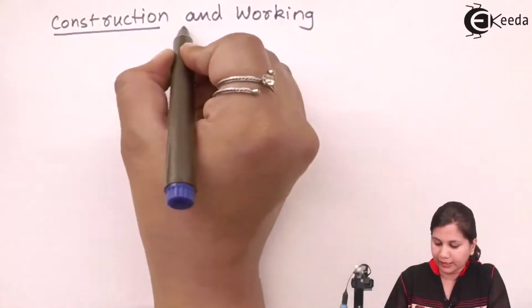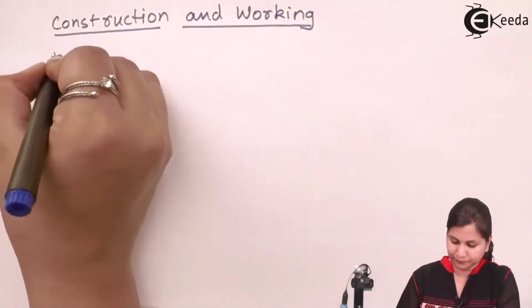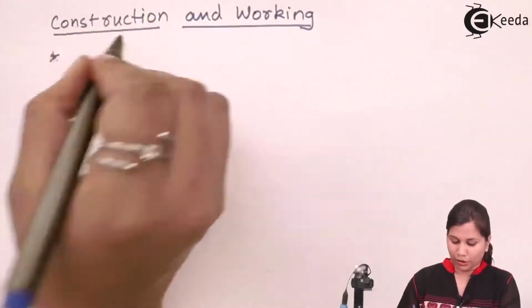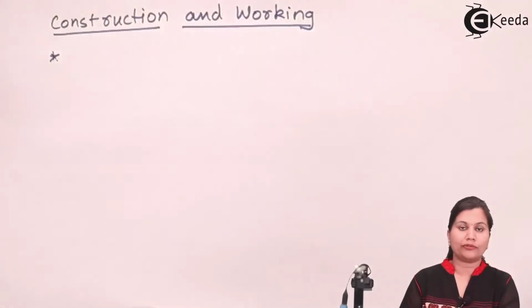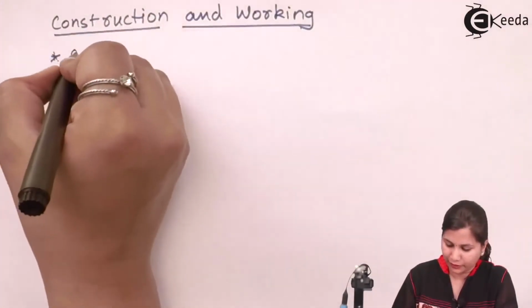Let us study this sight glass technique, or gauge glass technique, in detail. As I have said, it consists of a transparent tube. So the main part is a graduated tube.